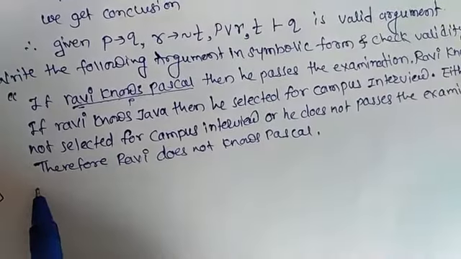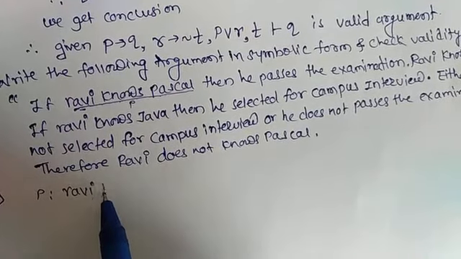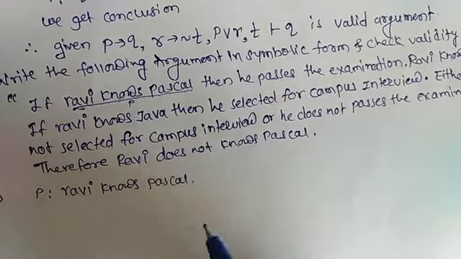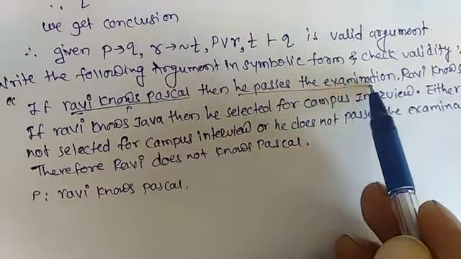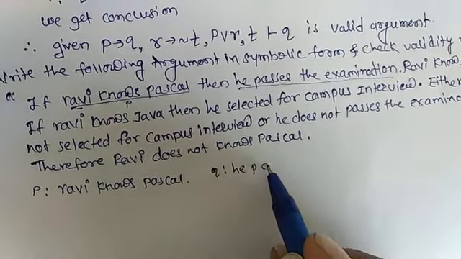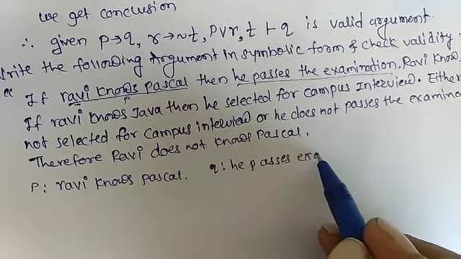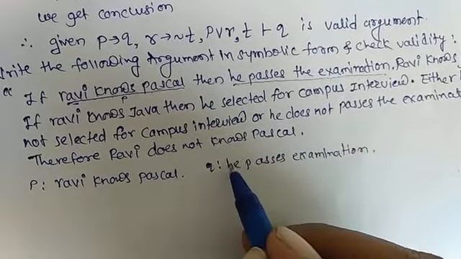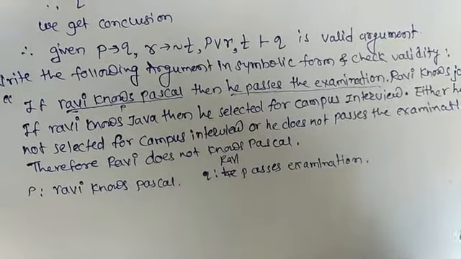We denote it by P. Second statement is he passes the examination, Q: Ravi passes the examination.